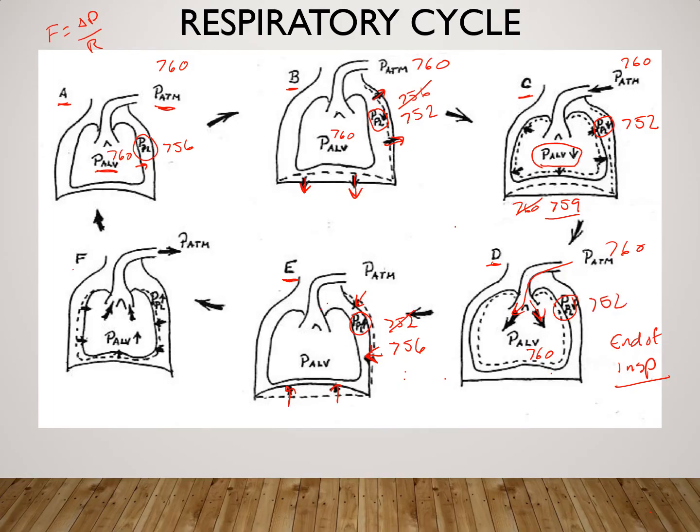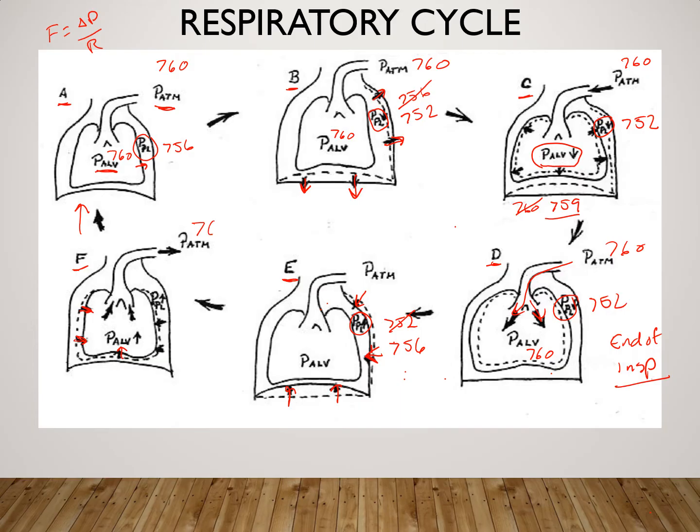If you take a look at F, the lung starts to come back inward. The lung recoils back inward because the pressure gradient has now been reduced. So the elastic recoil helps to bring it back until it reaches its equilibrium point, which is where we were at point A again. Since the volume in the lungs is decreasing, it's increasing the pressure inside the lungs.